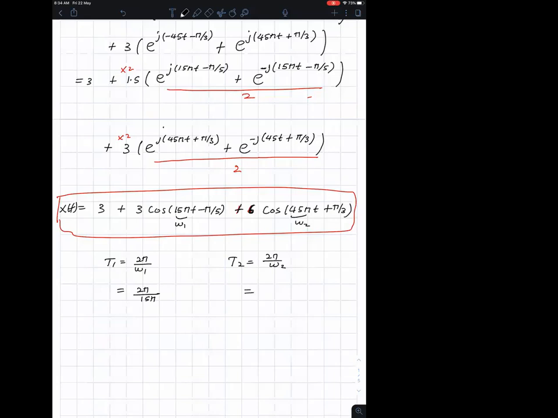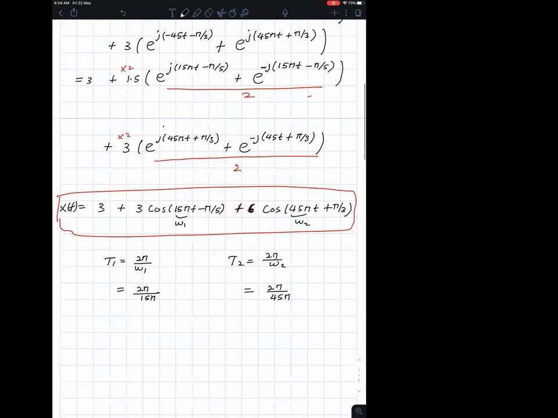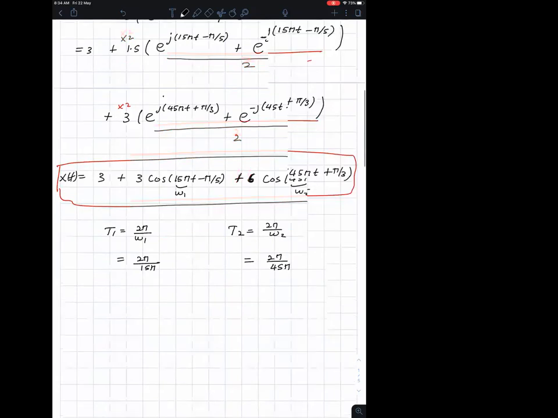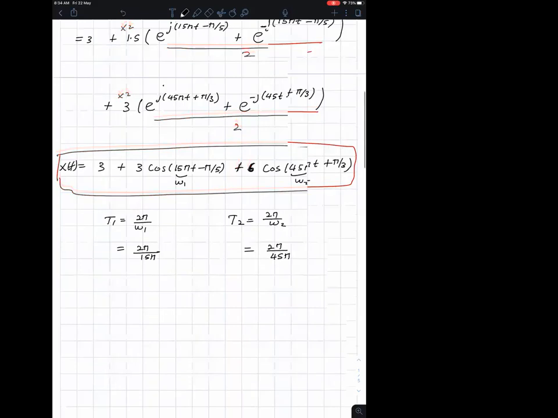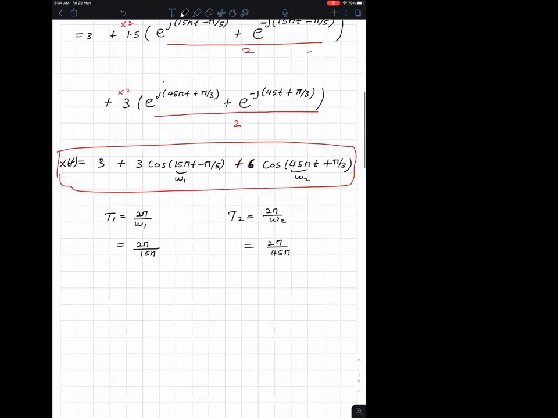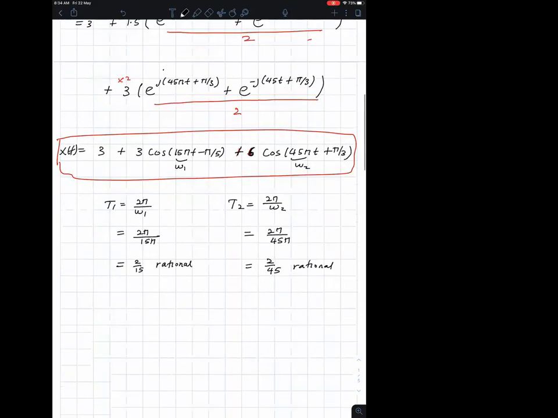This is 2 pi. T1 is 2 over 15, a rational number, and T2 is 2 over 45, a rational number. So they are periodic.